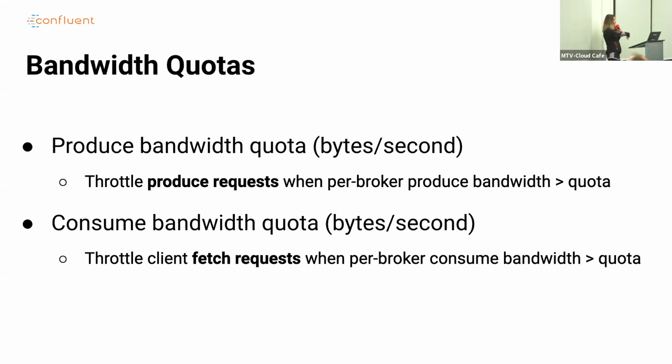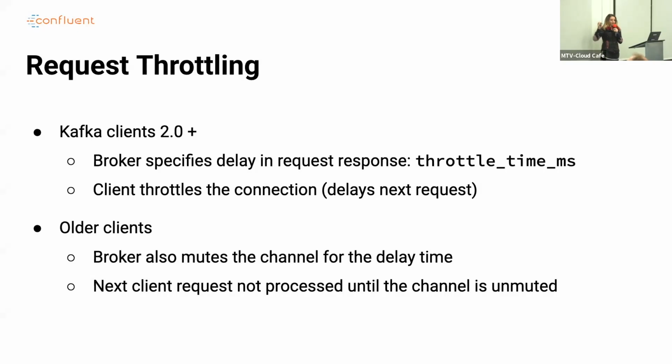Similarly, we have a consume quota separately for consume bandwidth. With the consume quota, only consume requests, the fetch requests from the consumer, are throttled. So what does it mean to be throttled from the application point of view? With Kafka clients, the real throttling actually happens on the client side. The broker still sees that you're going to exceed your quota.